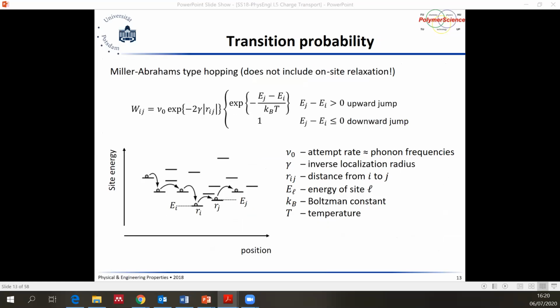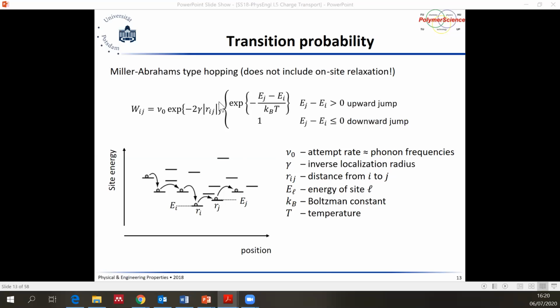We get the rate for a jump from site I to J, with the energies E_i and E_j, which are at the distance delta R apart. So here is the equation. W is the hopping rate. Nu naught is the attempt-to-hop frequency, or the attempt rate, the phonon frequency.